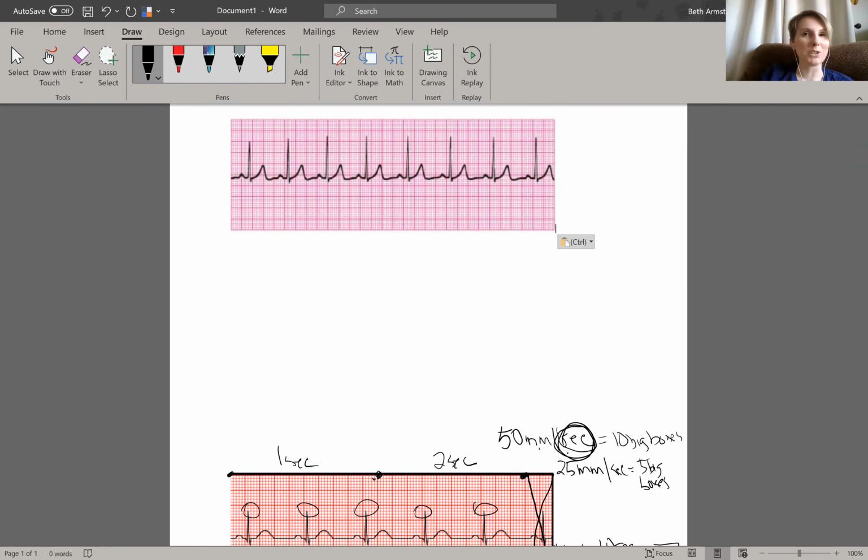I think it was published in like 2009 or something crazy, but it's good, and it's spiral bound, which I like. It's good for when you are graduated and trying to learn more about ECGs. So I recommend it if you're interested in ECGs.